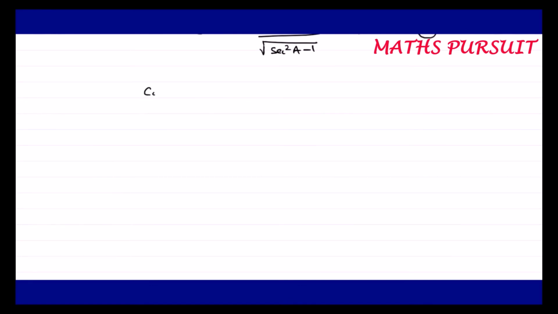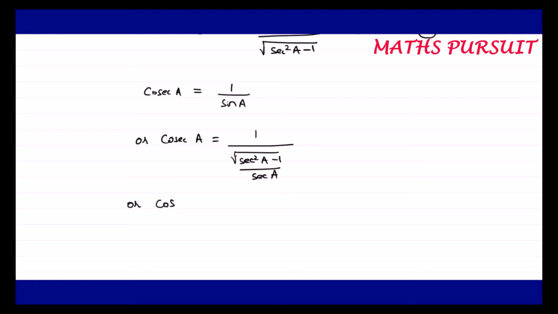Cosec A. Guys, we know that cosec A is nothing but 1 upon sine A. This is what we know. Or I can write cosec A is equal to, we put in what we got for sine A. We got sine A as root over of sec square A minus 1 upon sec A. So that is what I just replaced.